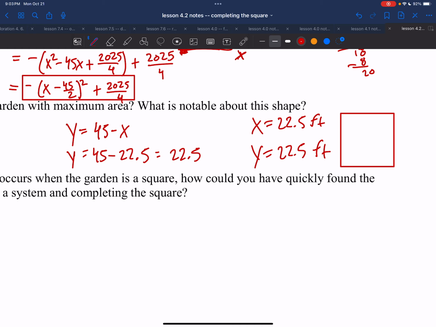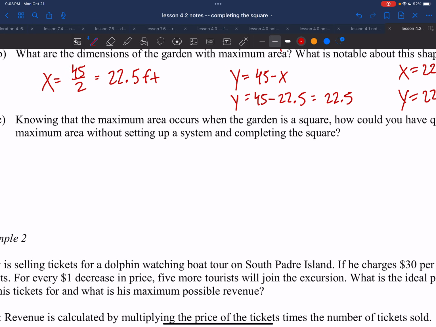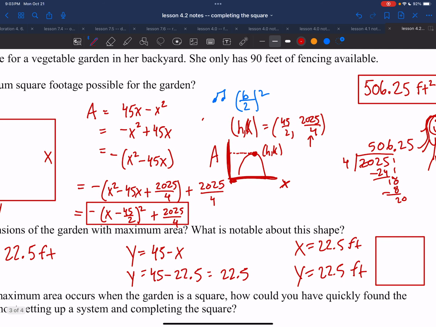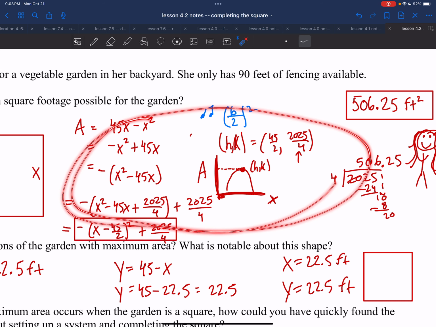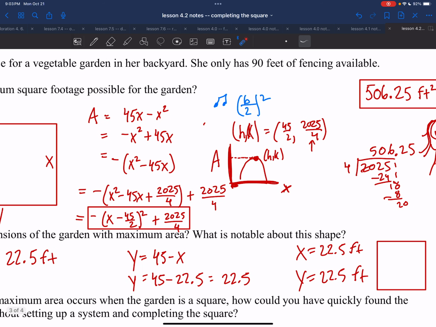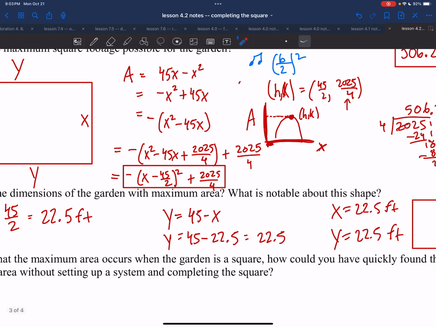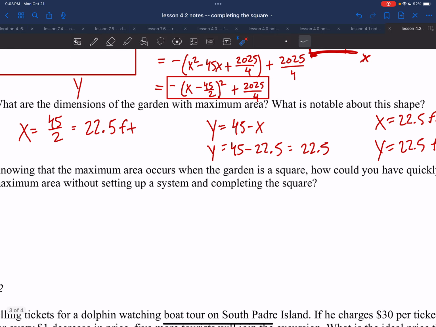So, part C, knowing that the maximum area occurs when a garden is a square, how could you have done this without all this interesting, beautiful, but kind of hard to follow algebra work? Well, it's not that hard to follow, but you know what I mean.